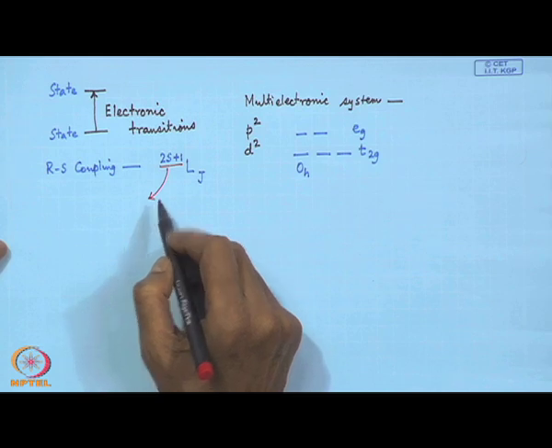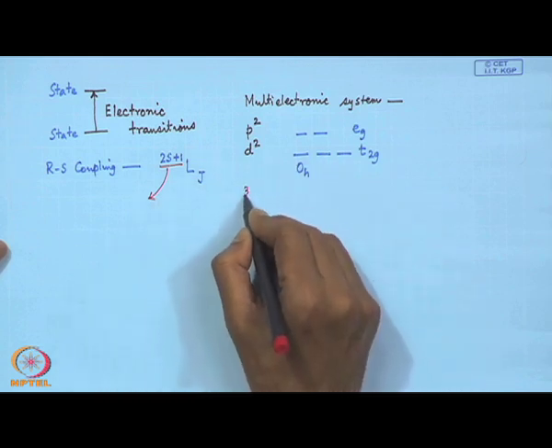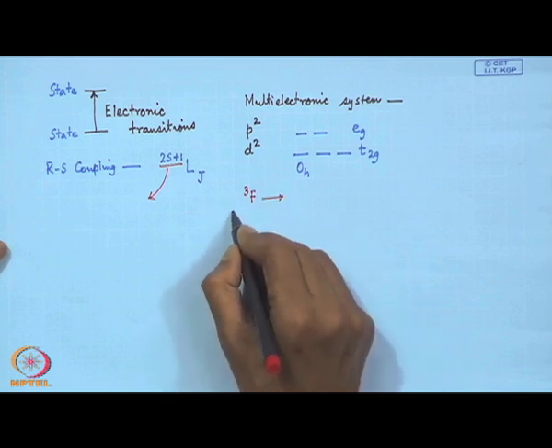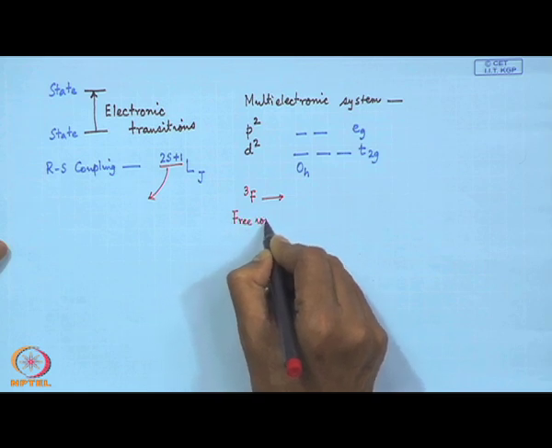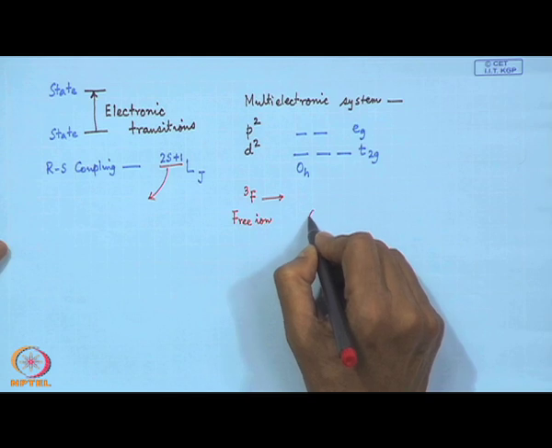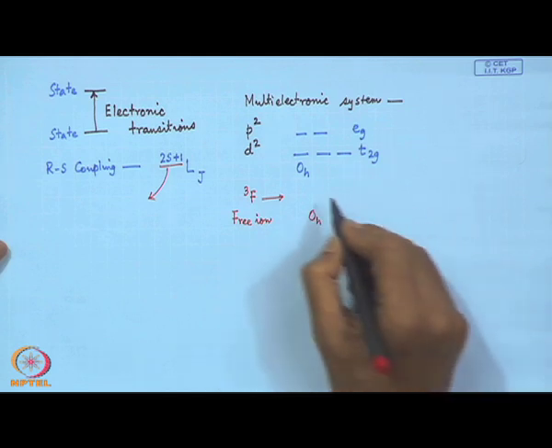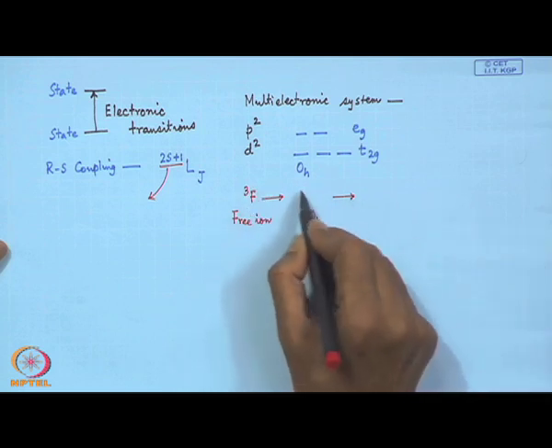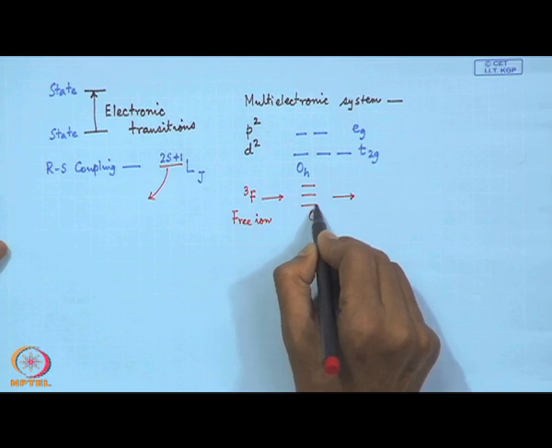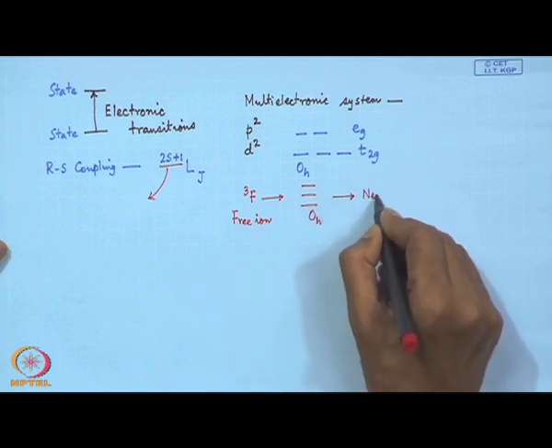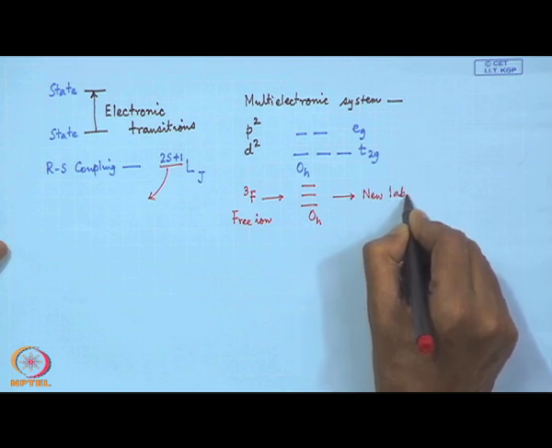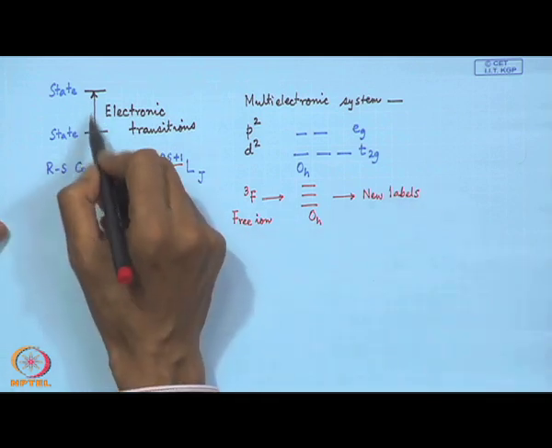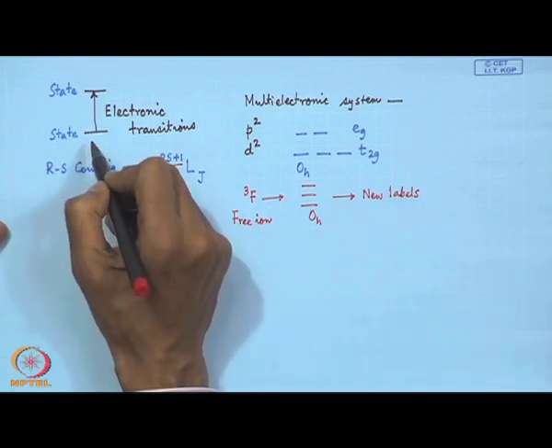So, suppose one particular state is defined as 3F, and this is the free ion electronic state. Then we put that in an octahedral field, and this can undergo certain splitting and we will have new levels for those states, and between those states we will be seeing the corresponding electronic transitions.